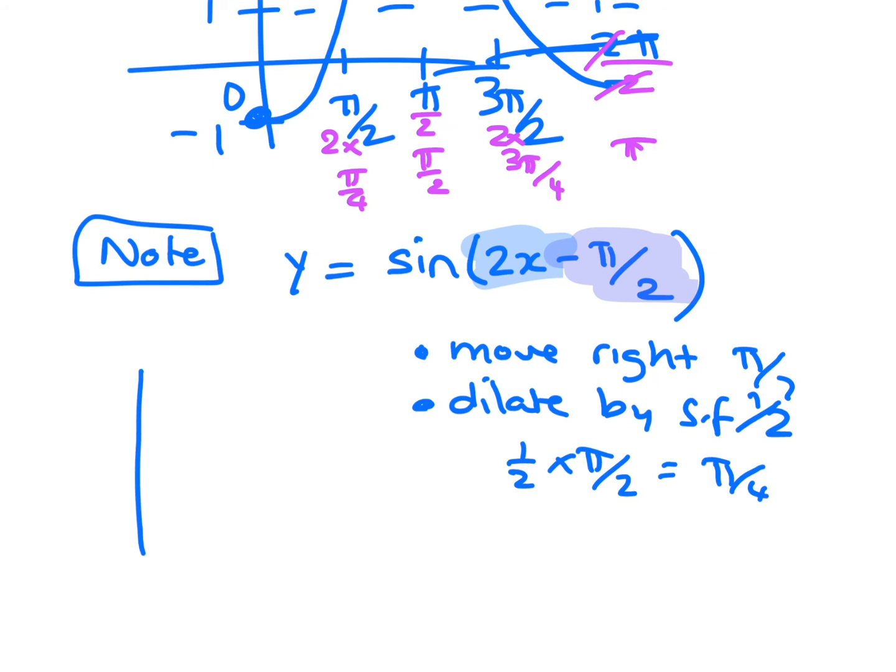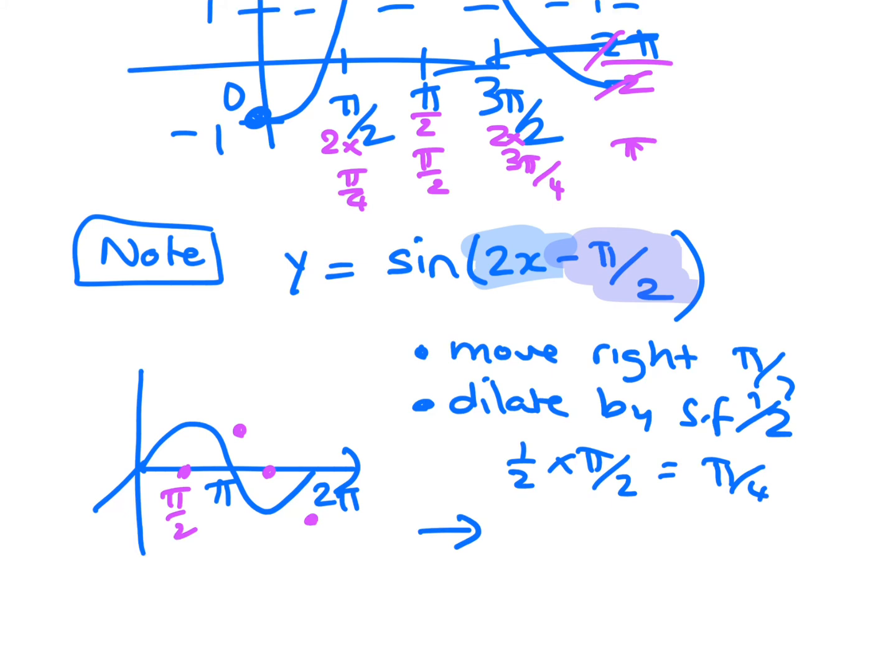So if I take this graph, the sine one, here's the normal sine one, that's 2 pi and pi. So am I going to move it to the right? I'll do this in a different colour. So that will go pi on 2, this one to there, that one to there, this one to there.